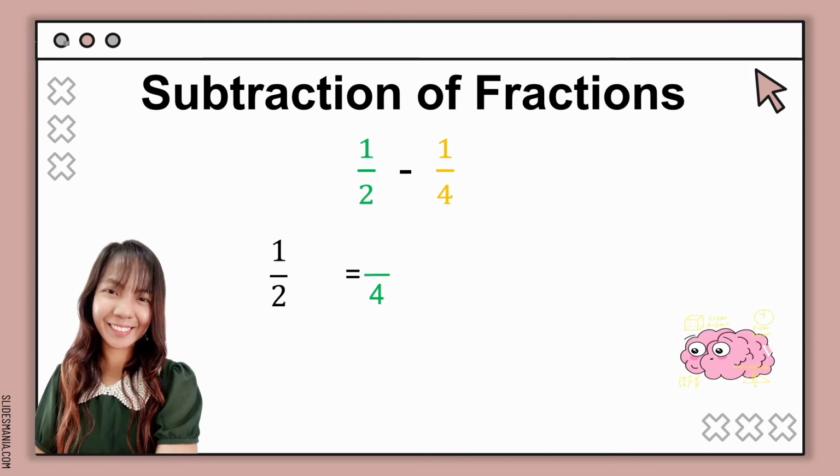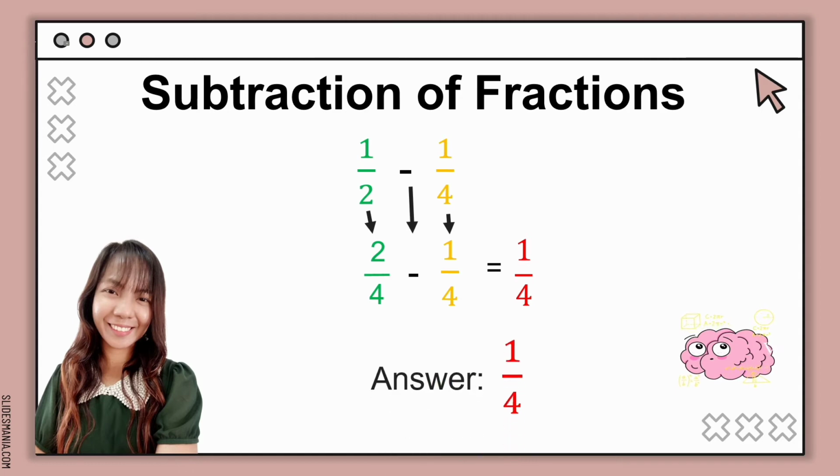Multiply by 2. 1 times 2 is 2. This is now the new fraction with the new denominator. So from 1 over 2, it becomes 2 over 4. Now let's subtract. Minus 1 over 4. 2 minus 1 is 1, and just simply copy the denominator. So the answer is 1 over 4.